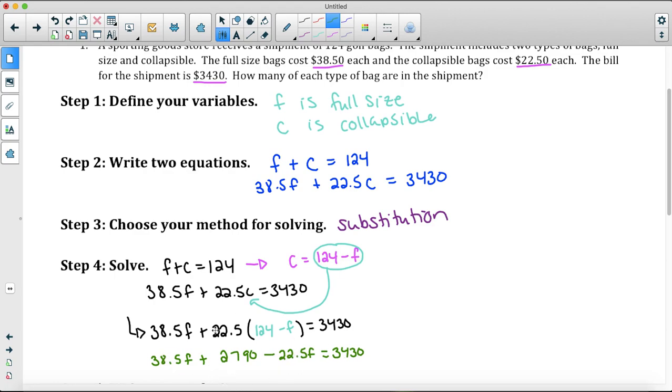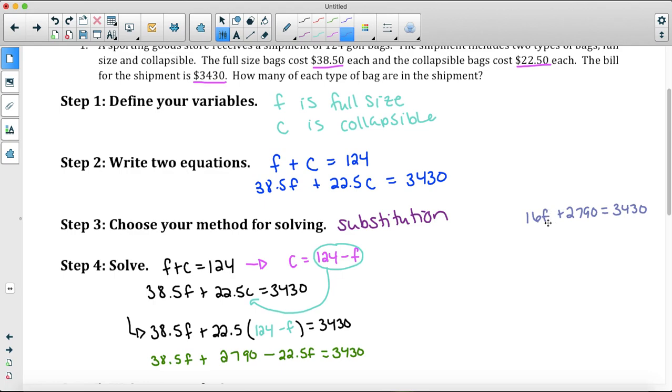So I'm going to combine my terms. I'm going to combine my 38.5F minus 22.5F, and we'll get 16F plus 2,790 is equal to 3,430.